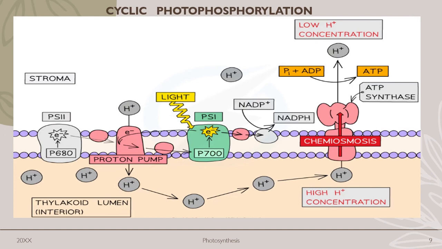Now, you know that when electrons are released, the hydrogen is also released with them. So what happens here is that when these electrons are released, and the hydrogen from photosystem 2, this hydrogen and this electron combine with the NADP molecule, which is a hydrogen acceptor. When they combine with the NADP molecule, they form NADPH.